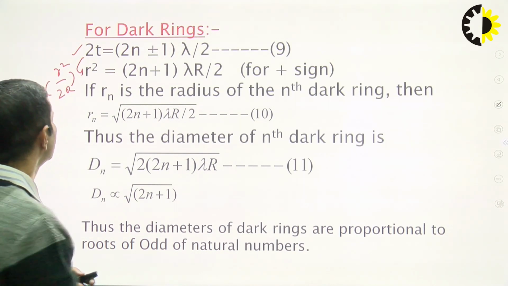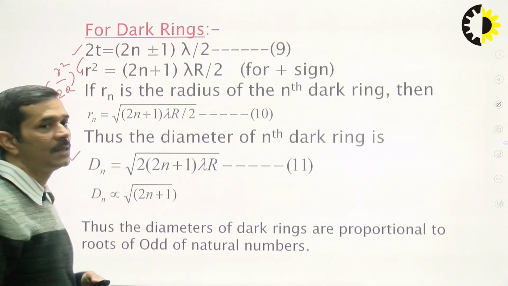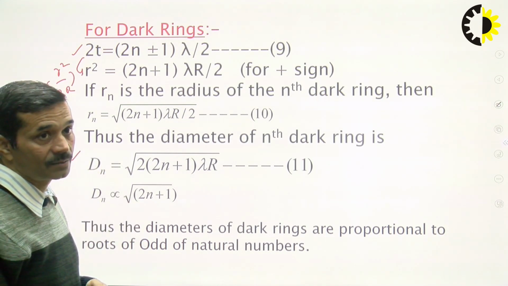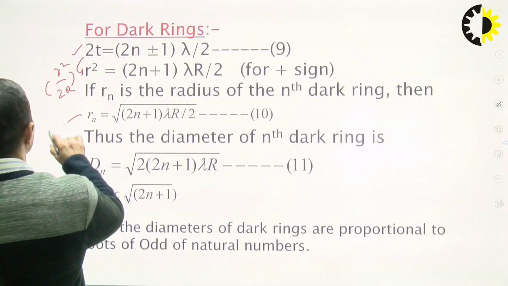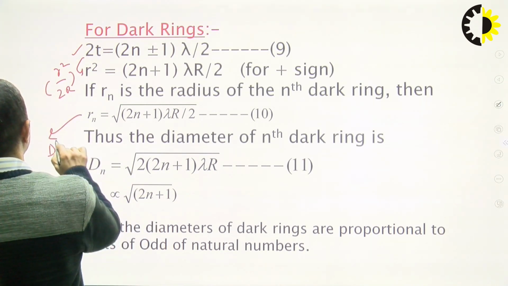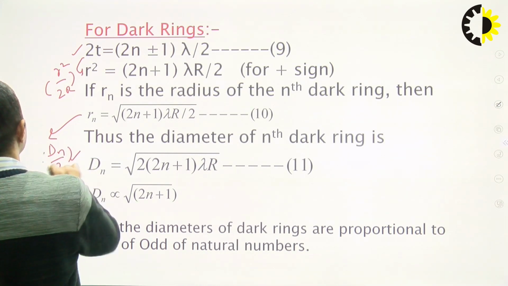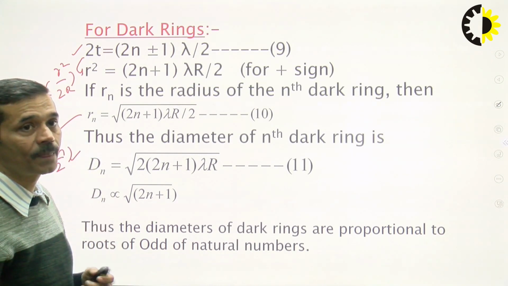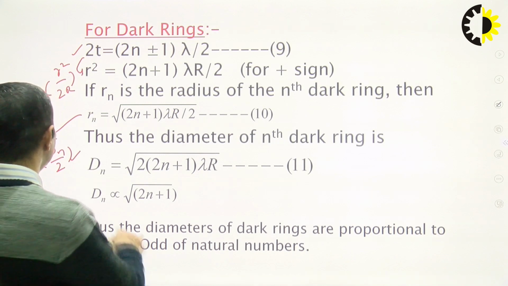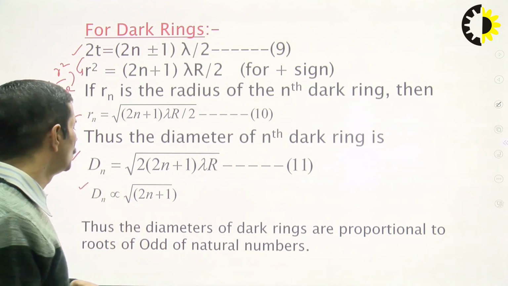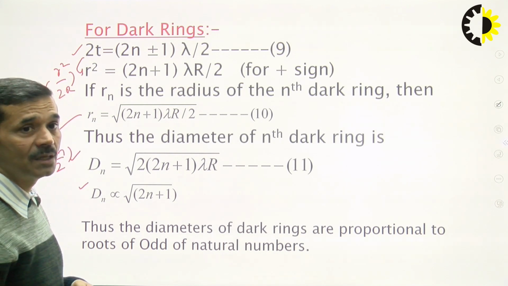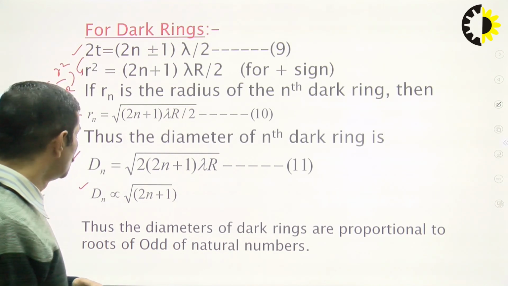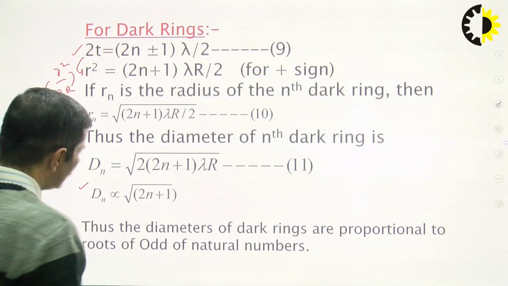Similarly we can find the diameter of the nth dark ring. For the diameter we replace rn with Dn by 2, if Dn represents the diameter of the nth dark ring. Then this will be proportional to root of (2n plus 1). So that means the diameters of dark rings will be proportional to roots of odd natural numbers.